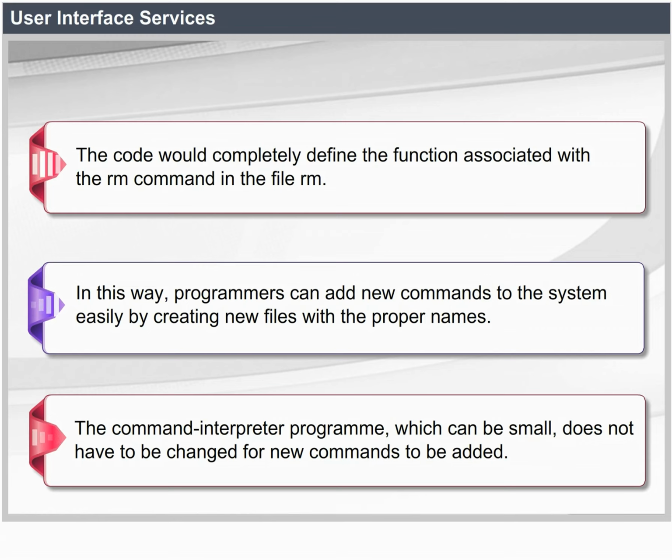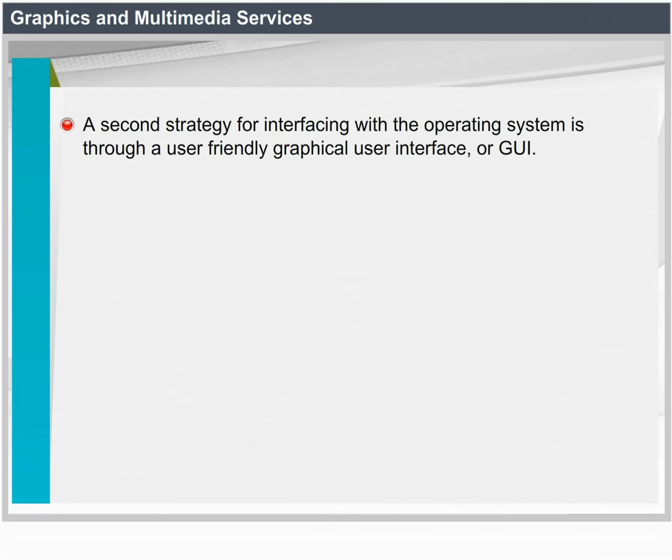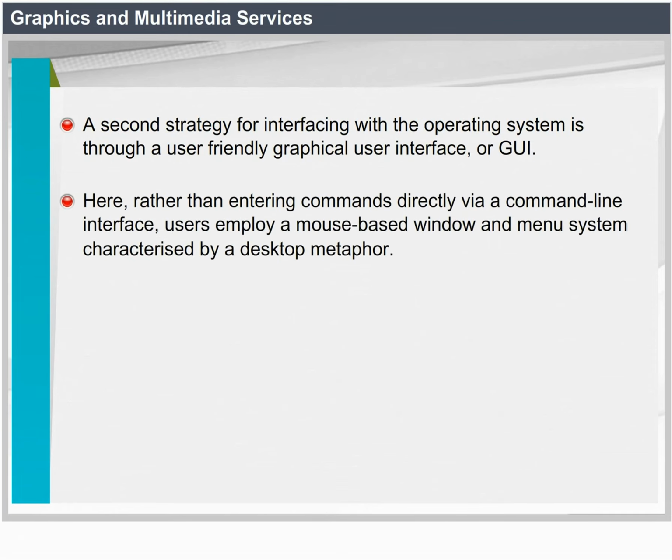Graphics and multimedia services. A second strategy for interfacing with the operating system is through a user-friendly graphical user interface, or GUI. Here, rather than entering commands directly via a command line interface, users employ a mouse-based window and menu system characterized by a desktop metaphor.